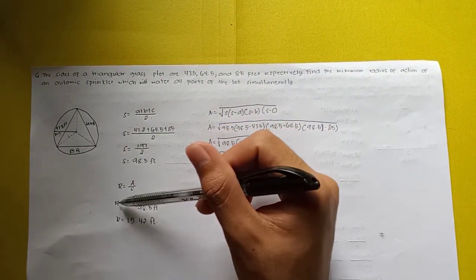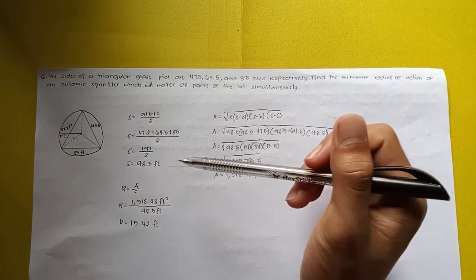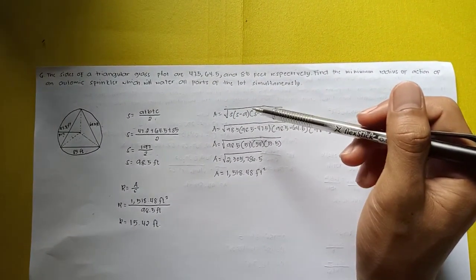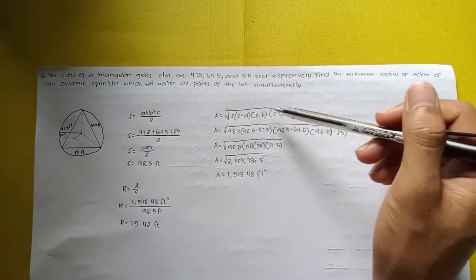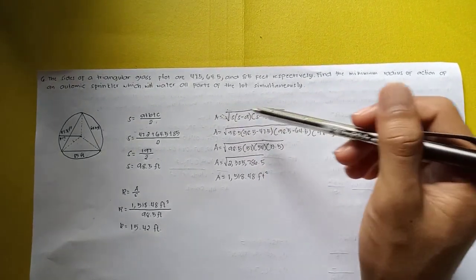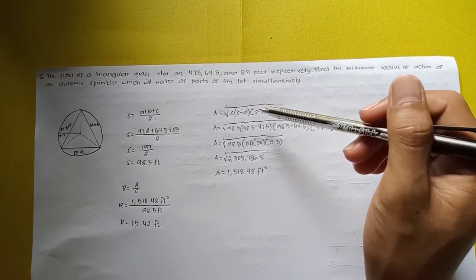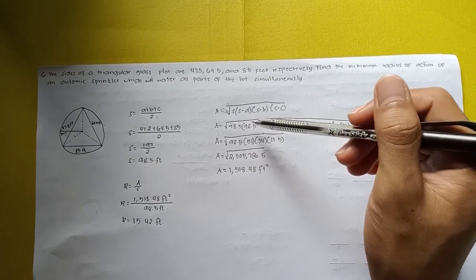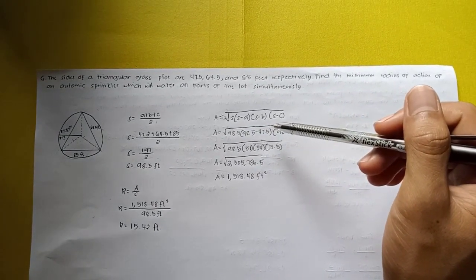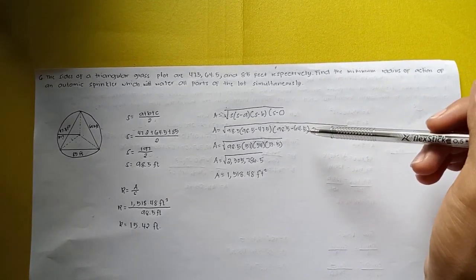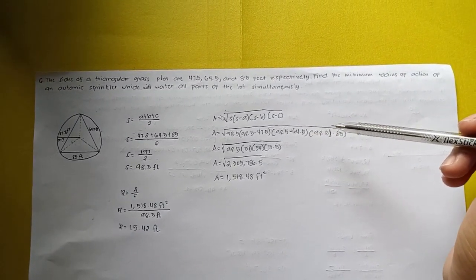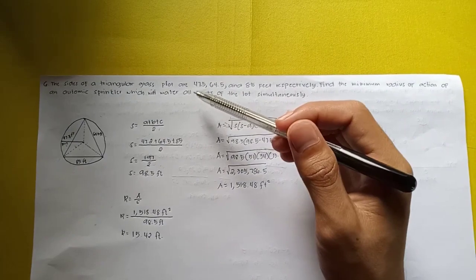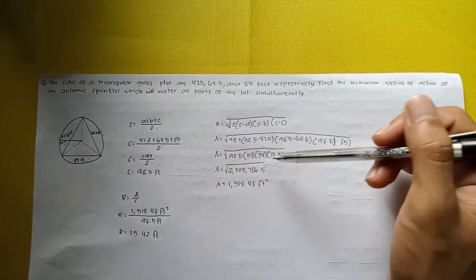R equals A over S. And then A equals the square root of S times S minus A times S minus B times S minus C. A equals square root of 98.5 times 98.5 minus 47.5 times 98.5 minus 64.5 times 98.5 minus 85. Square root of 98.5 times 51 times 34 times 13.5.